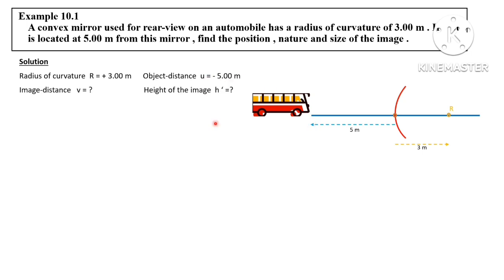Now the question is to find the image distance first, that is the position of the image, and also we have to find the size of the image or the height of the image h dash. Okay, then we have to state the nature of the image.